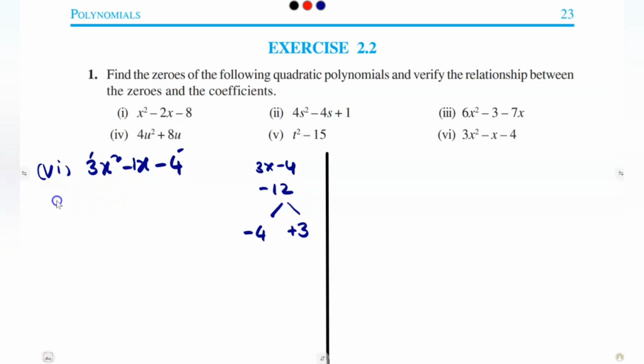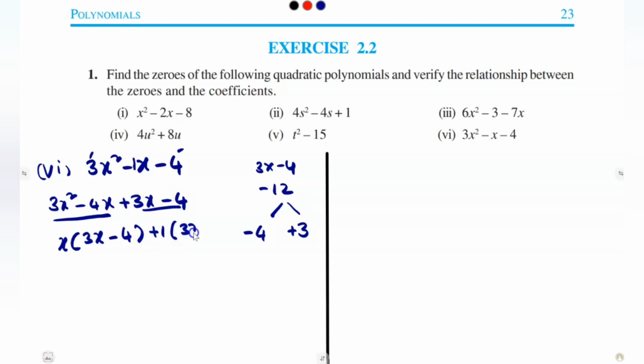So let us now write 3x square minus 4x plus 3x minus 4. Next, take common from the first two terms: x is common, 3x inside minus 4. On this side we don't have anything common, so let us take plus 1 as common and write 3x minus 4. Now with 3x minus 4 as common, you will get the other factor x plus 1.